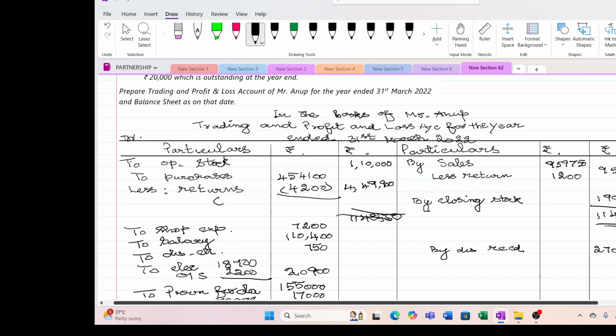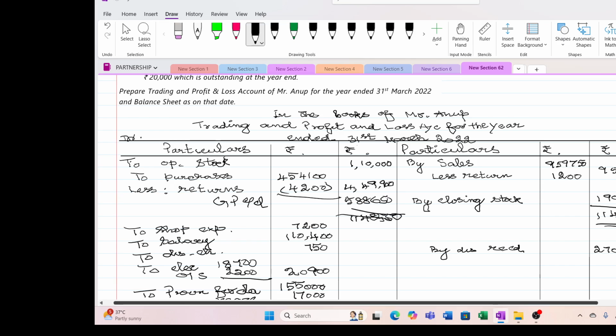So the GP will be carried down: 4,49,900 minus 1,10,000 is 5,88,650.